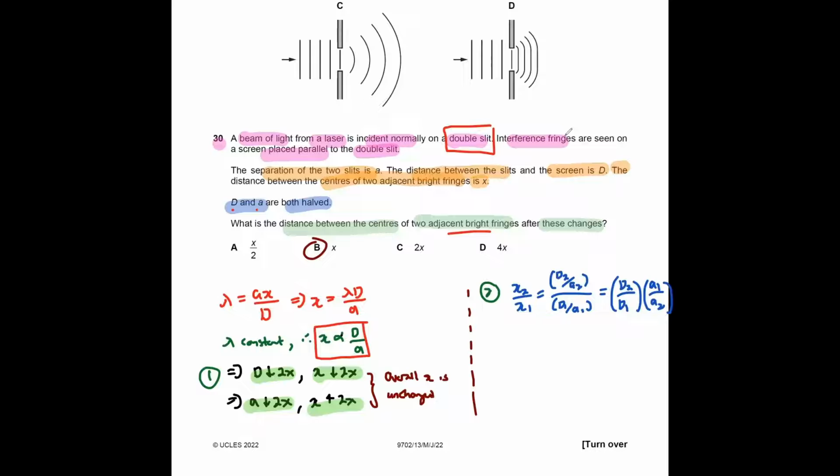So from there, if you try to sub in your values, D2 should be half of D1, then A2 should be half of A1. And then X1 is actually just X itself. Okay, so here you will notice that they all kind of cancel each other. D1s will cancel, A1 will cancel, the half will cancel off. Eventually, your answer will just be X2 equals to X, which is answer choice B.